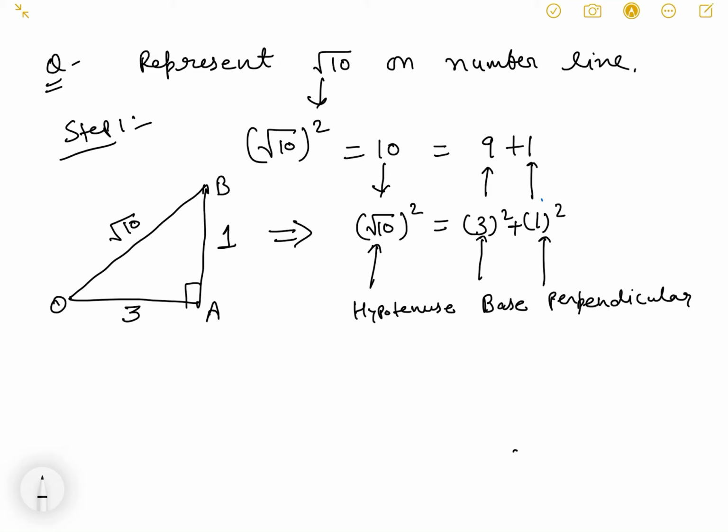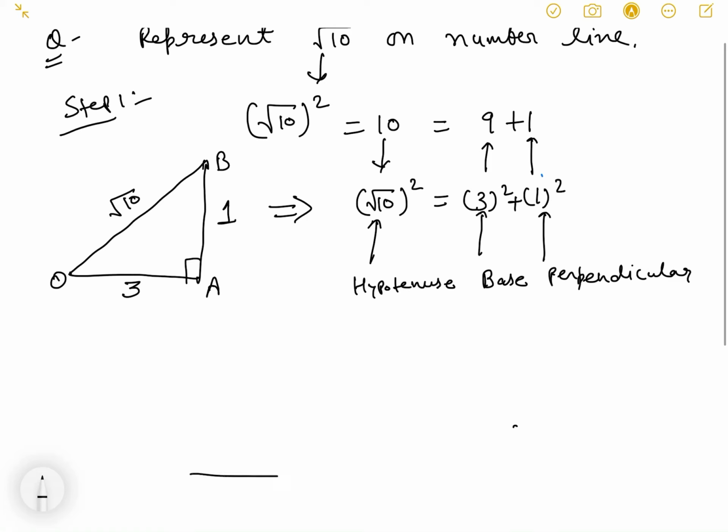Now next, what would we do? We will draw a number line: 0, 1, 2, 3, 4, 5. Now we will try to draw our triangle. We will try to draw a right angle triangle on this number line.